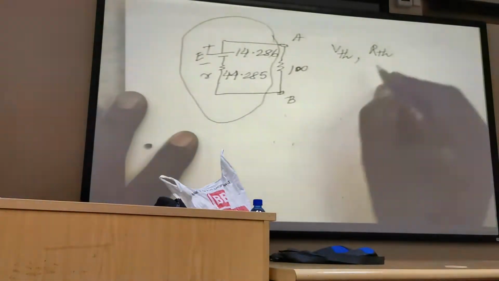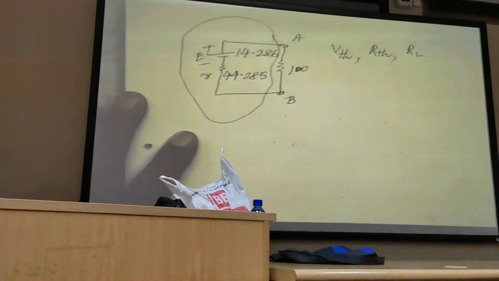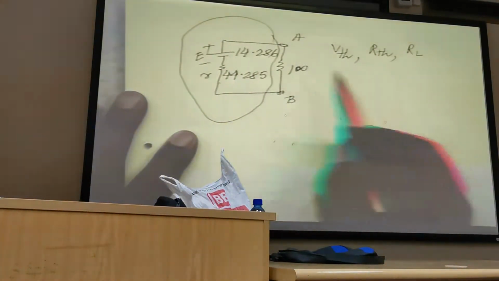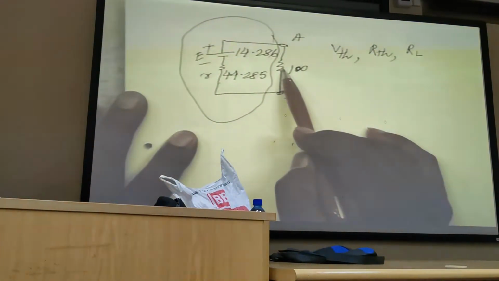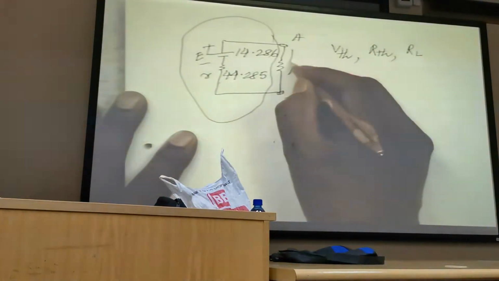And the other resistance, we say RL, load resistance. So V Thevenin is Thevenin's voltage, R Thevenin is Thevenin's resistance, and this one is load resistance.